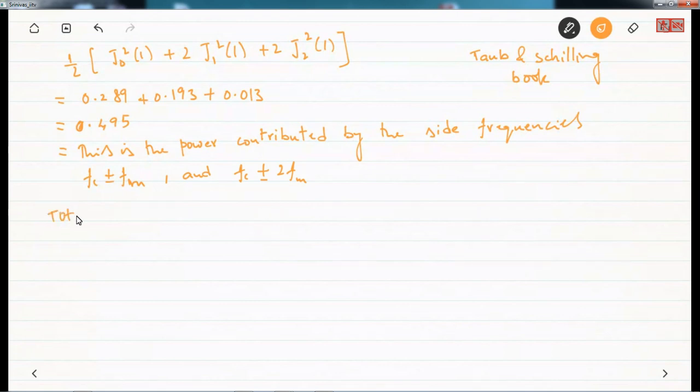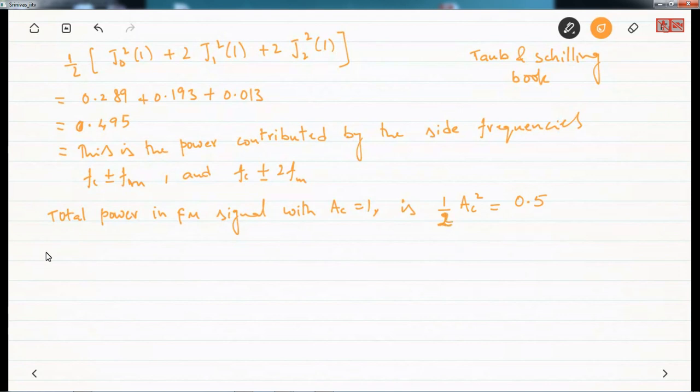And what is the total power in an FM signal with Ac equal to 1? It is half Ac square, that is equal to 0.5, right?